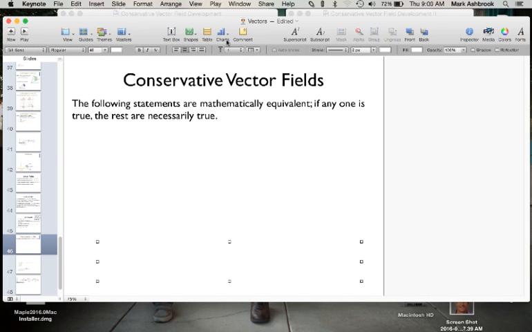In this vector field F1, with negative 2y, we did the integral around the closed loop C1, and we got 0. Likewise, we did the circulation integral for the triangle, C2, and we got 0.